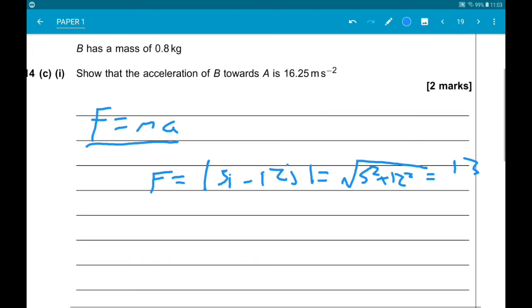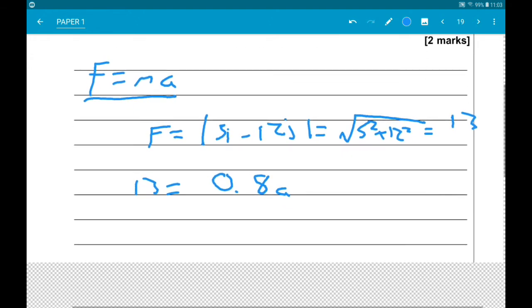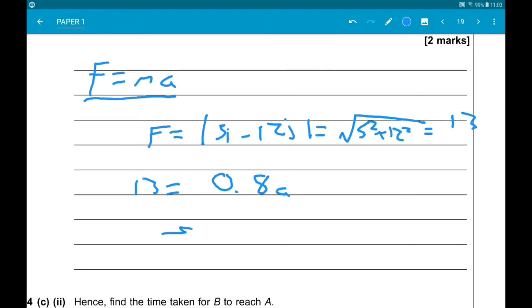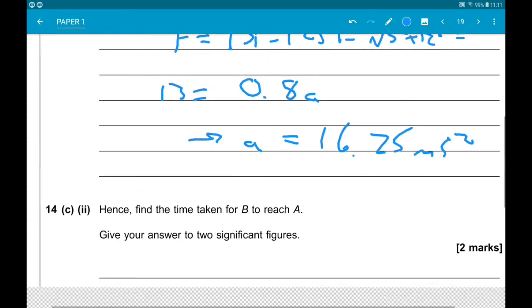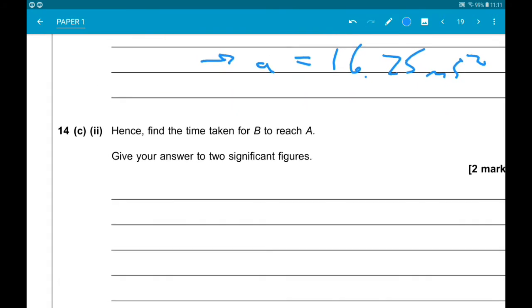So we now have 13 is 0.8a, divided by 0.8. A is indeed 16.25 meters per second squared. Okay, then for part 2, hence find the time taken for B to reach A, giving your answer to 2 sig figs.